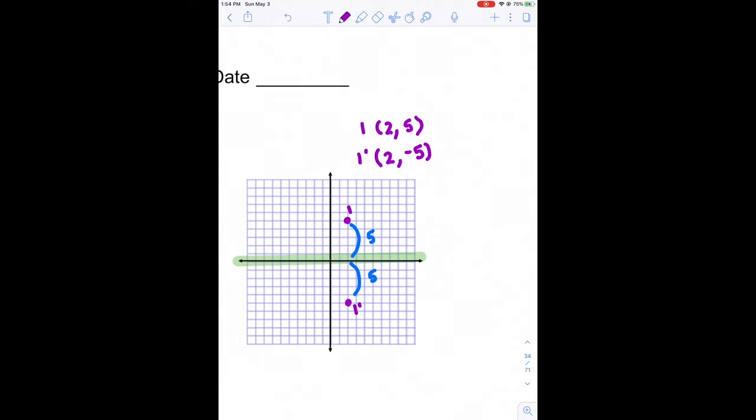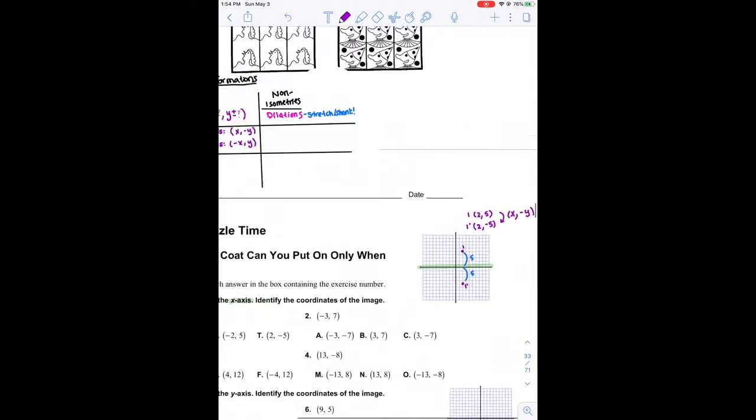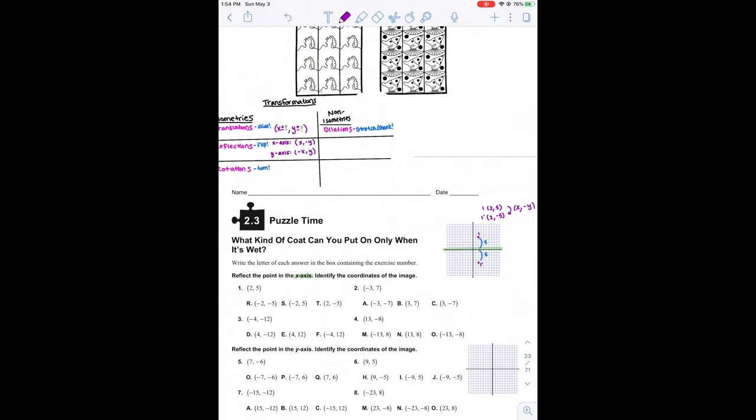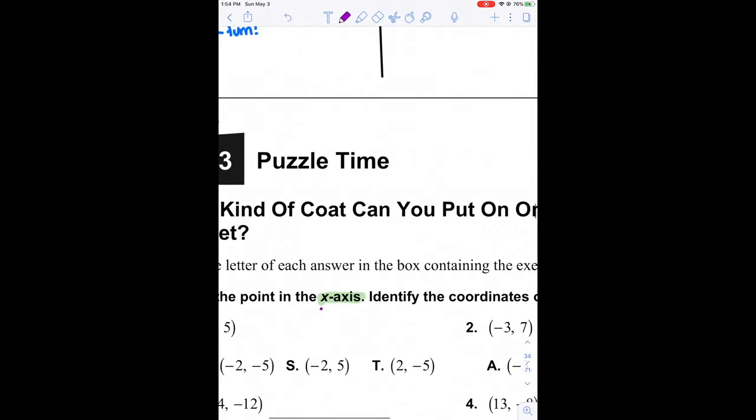So when I reflected over the x-axis, what happened was that the x-coordinate stayed exactly the same, but the y-coordinate became the opposite. X stayed the same, y went from 5 to -5. So the rule for reflecting over an x-axis is that you keep the x-coordinate the same and you take the opposite of the y-coordinate.